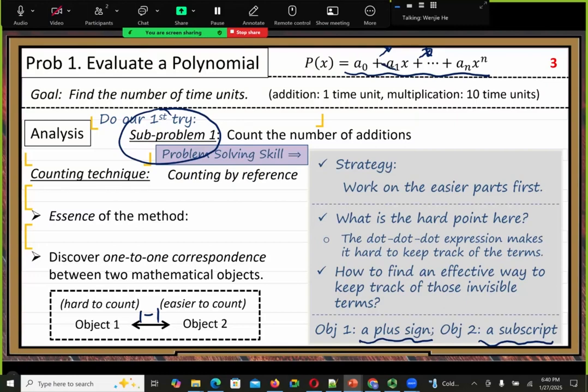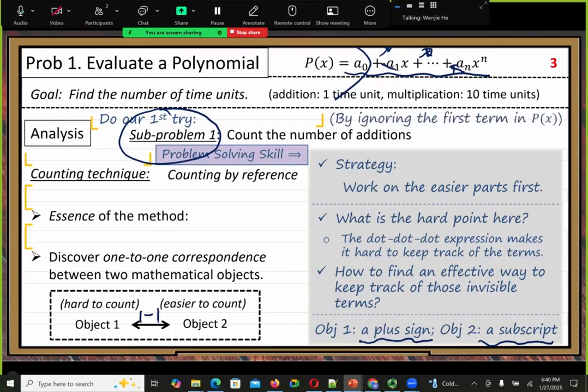That's also okay, because it's one-to-one. If we associate 1 with the plus sign, then we exclude the first term. So in this way, the last plus sign is associated with the last subscript.